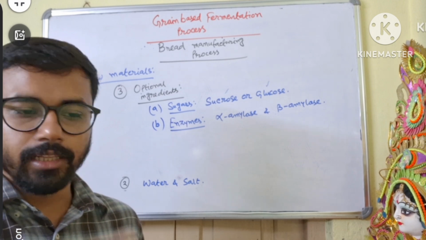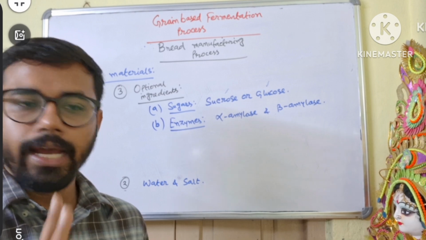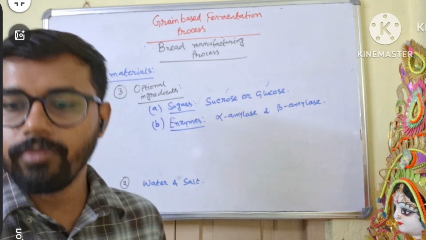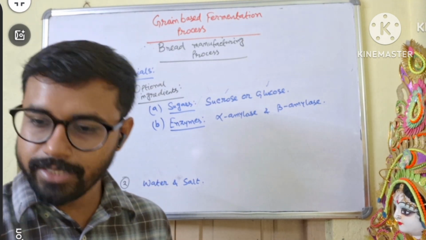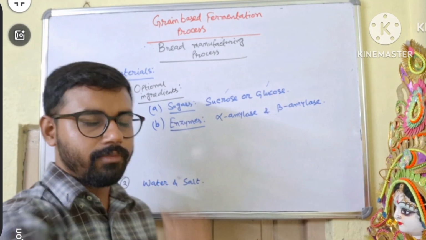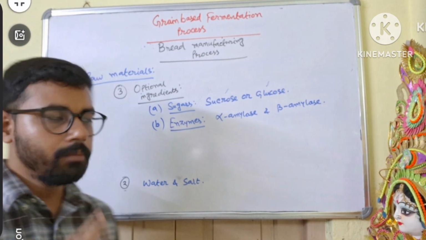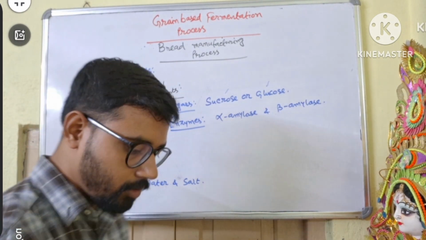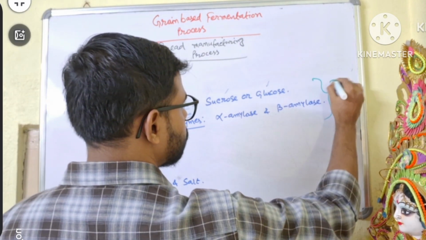For yeast activation, yeast growth needs carbohydrate, an initial burst of carbohydrate, and the carbohydrate in the wheat flour is in polysaccharide form. So to convert the polysaccharide form into the simple form needs some enzyme help. If we add alpha amylase and beta amylase from outside, yeast activation occurs quickly. That is the main purpose of adding the enzymes: to activate the yeast quickly. Correct.